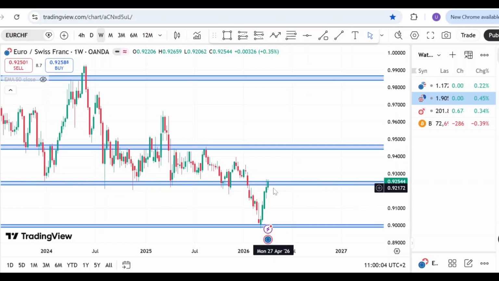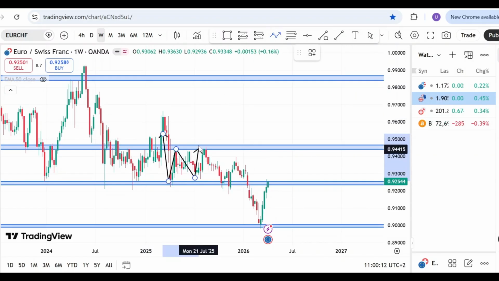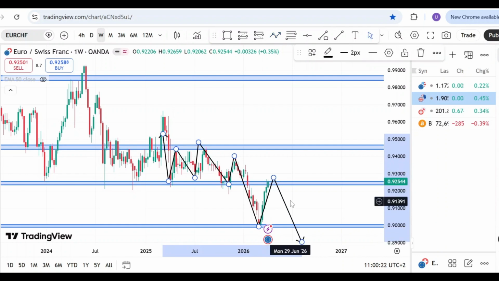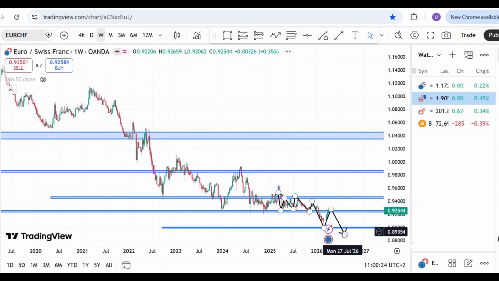I'm talking about this. Break of consolidation to create a lower low, retest to create a lower high, we can expect that the price is going to keep moving down like this.